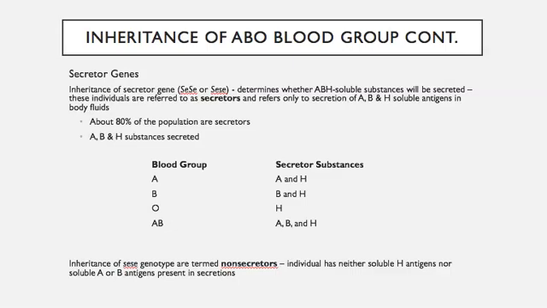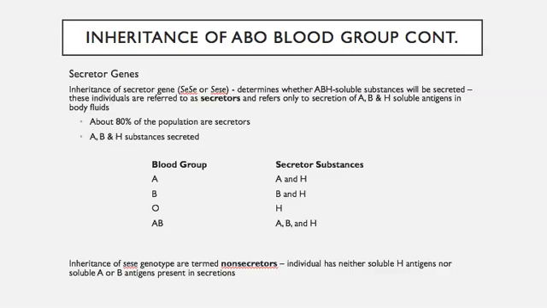Now, inheritance of the secretor gene, the SE. It can be inherited as either big SE, or big SE, little se. This happens on chromosome 19. This determines whether ABH soluble substances will be secreted.